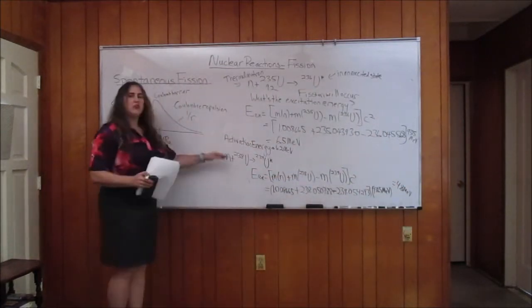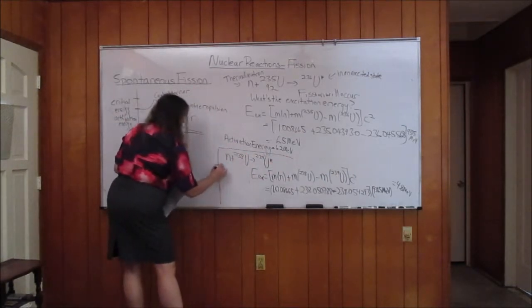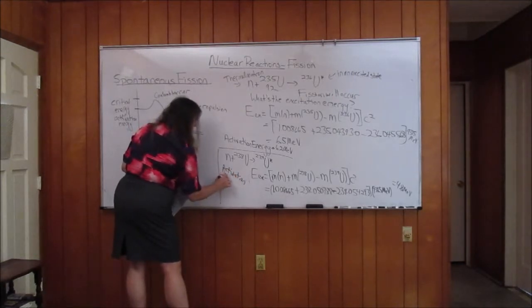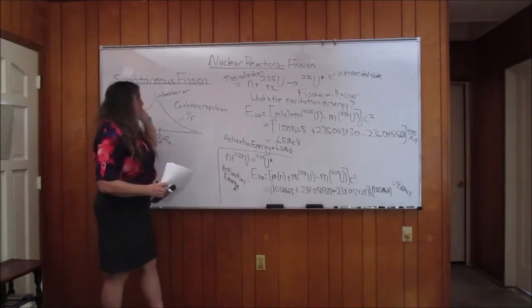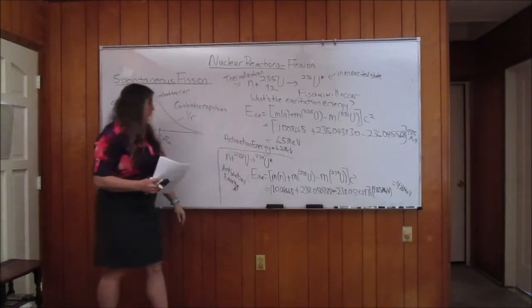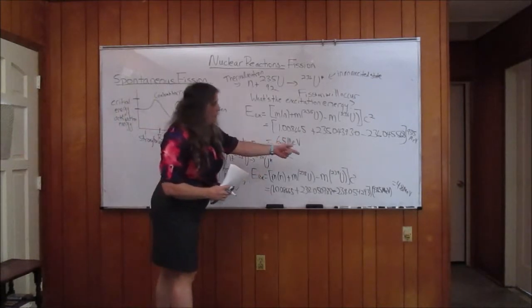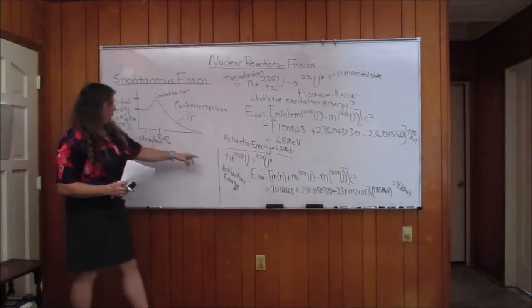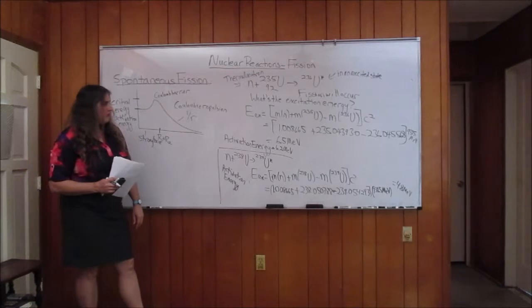Now the activation energy necessary for the compound nucleus of uranium-239 to get over this Coulomb barrier is in fact higher than 6 mega electron volts as well. So there's not enough energy there for this nucleus to break apart.